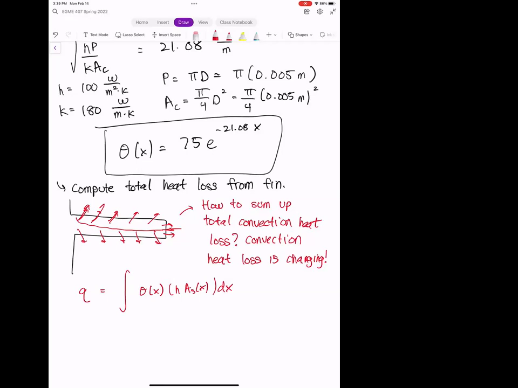That would be the cranky engineering professor way to do this, but there's a more clever way that involves a lot less pain and a lot less integration. Okay, and so this is one way, and if you're into math, that can be a fun thing for you to do, but we're not going to do it like that.